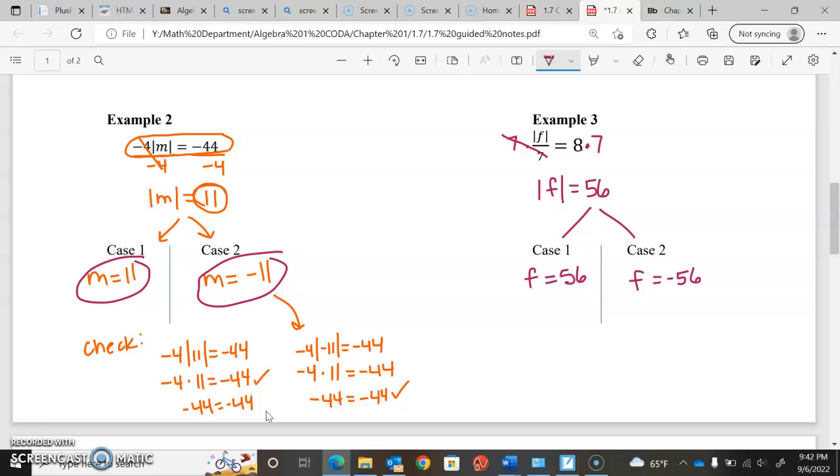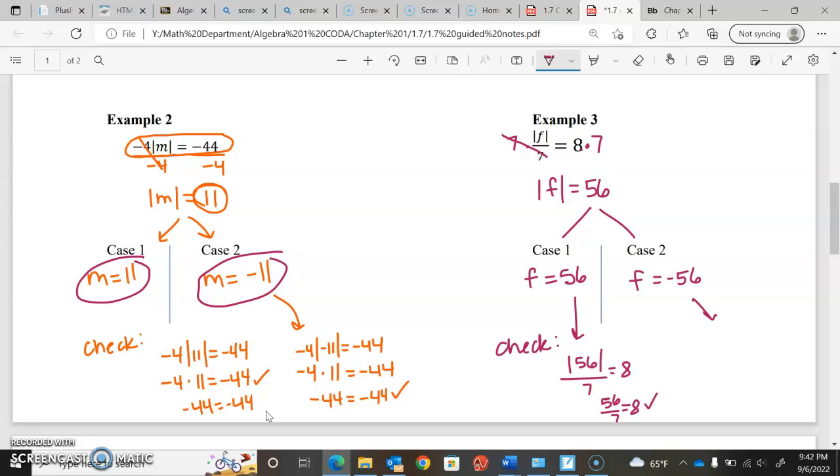All right, so then let's go back and check. So let's check our first, positive 56, into the absolute value for f. The absolute value of 56 is 56. 56 divided by 7 is 8. Yep.